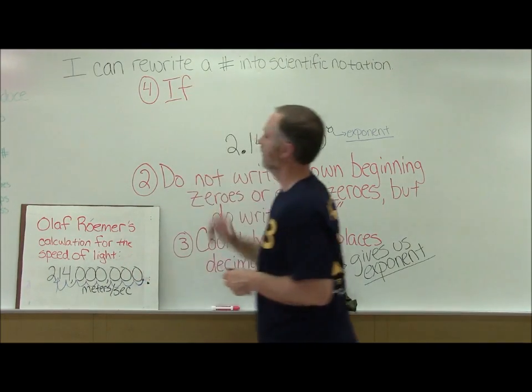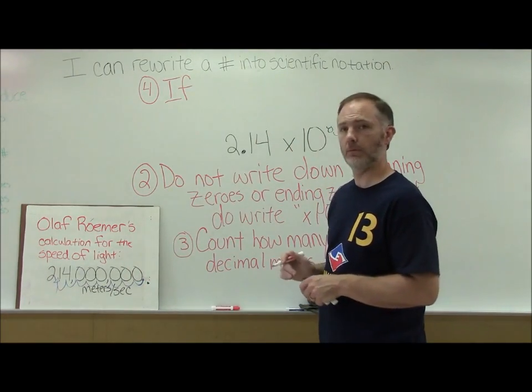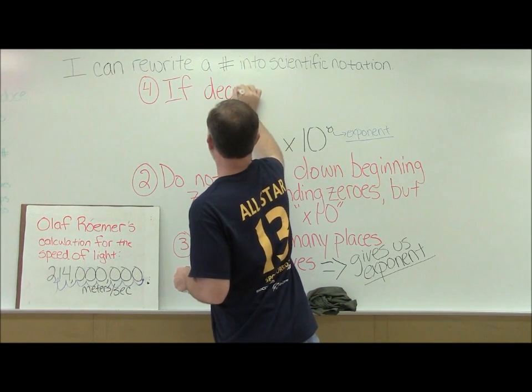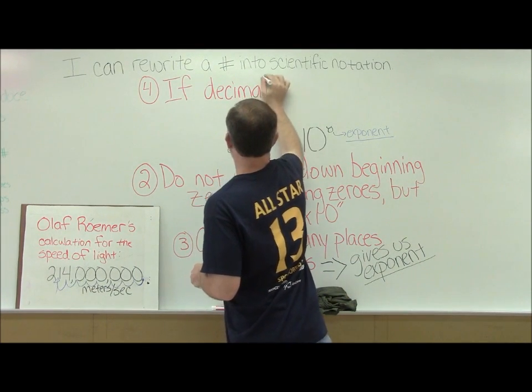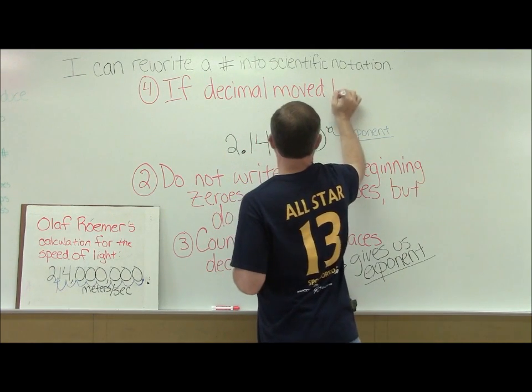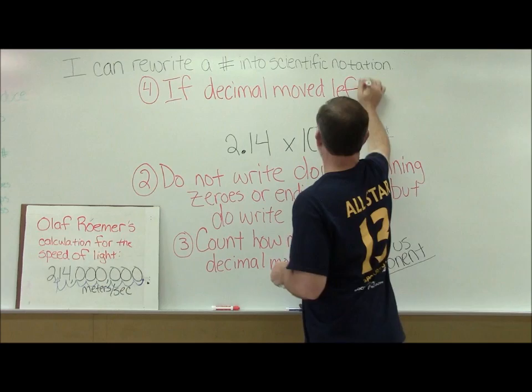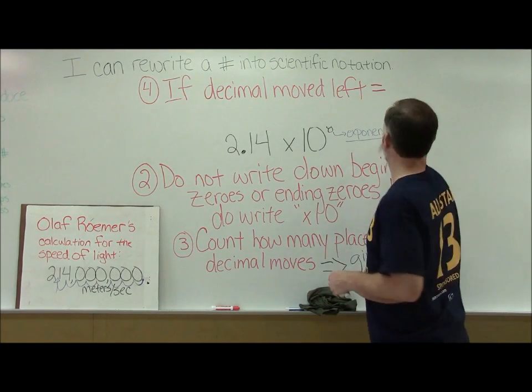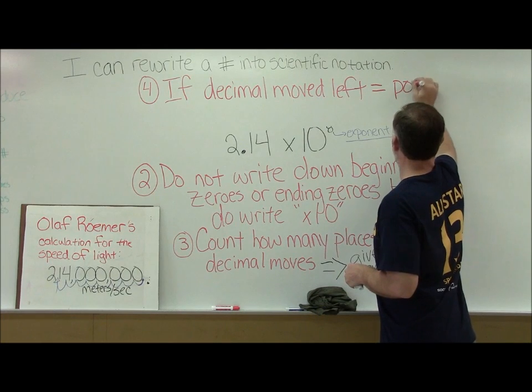We're going to write down, if the decimal was moved to the left, that means we have a positive exponent.